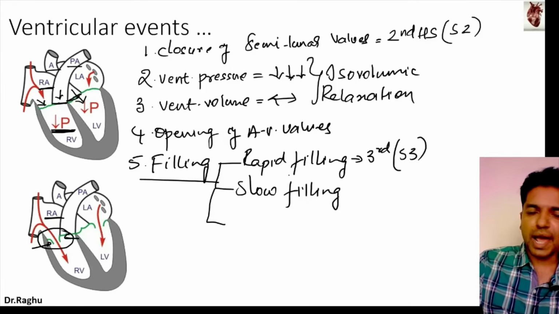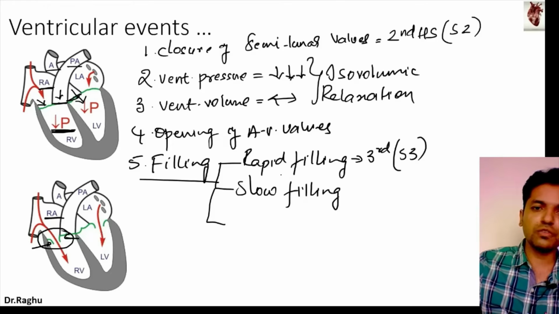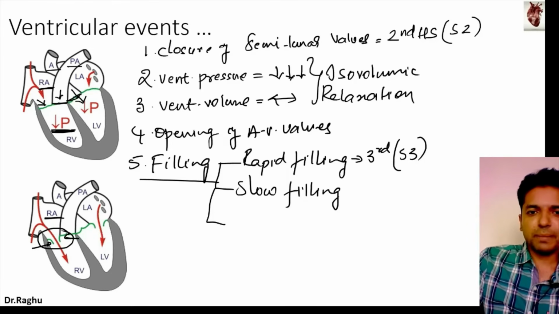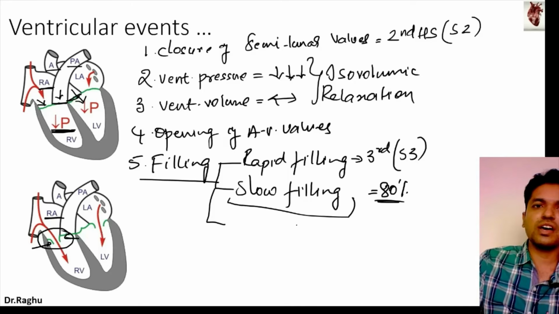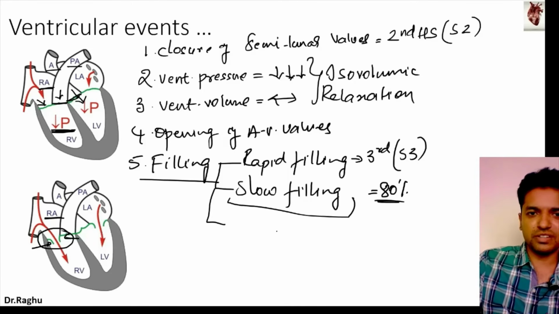Remember, both the rapid filling phase as well as the slow filling phase are passive events. What do I mean by passive events? There is no active contraction of the atria which is aiding in movement of the blood from the atrium into the ventricles. By the slow and rapid filling phase, almost 80% of the blood from the atria has now entered into the ventricles.